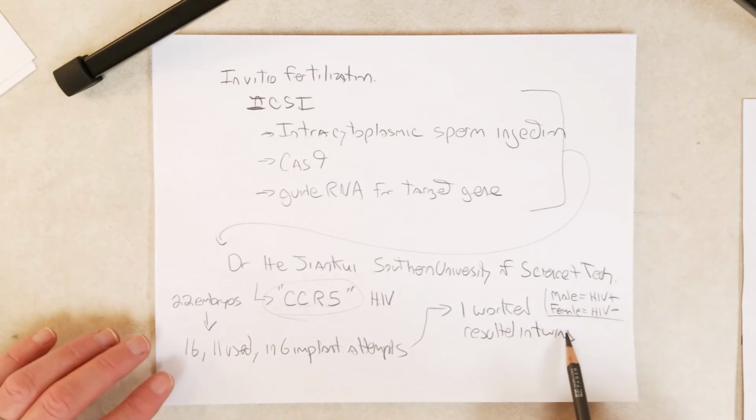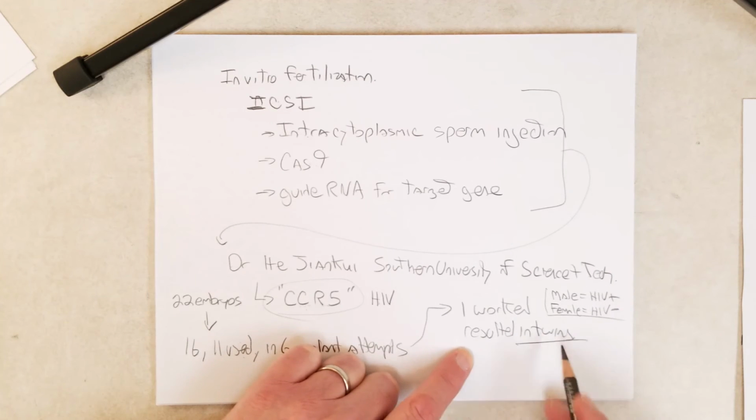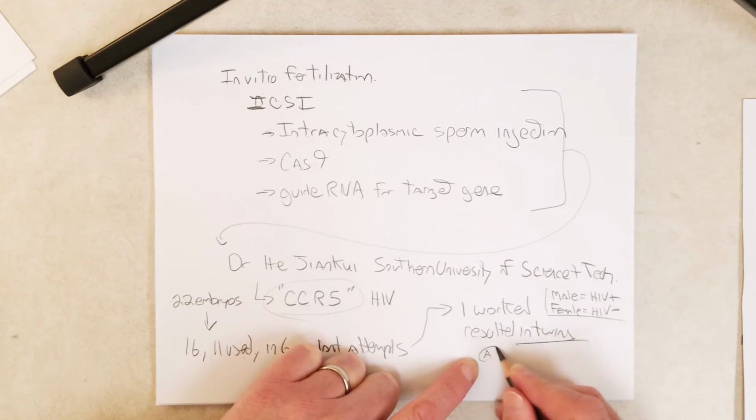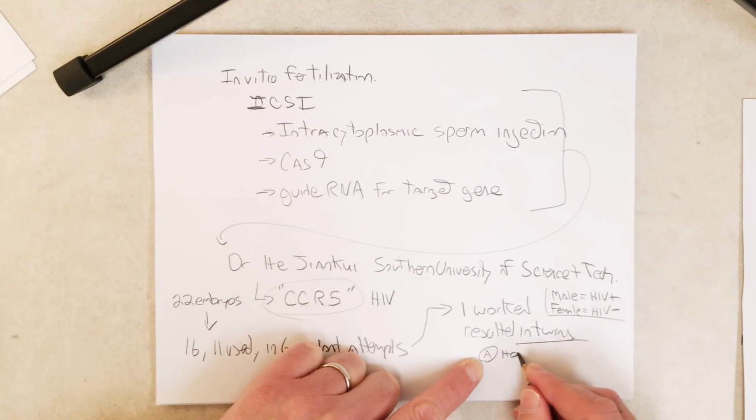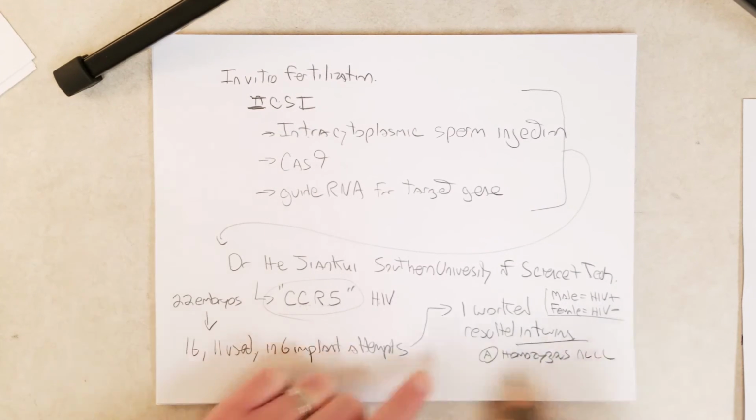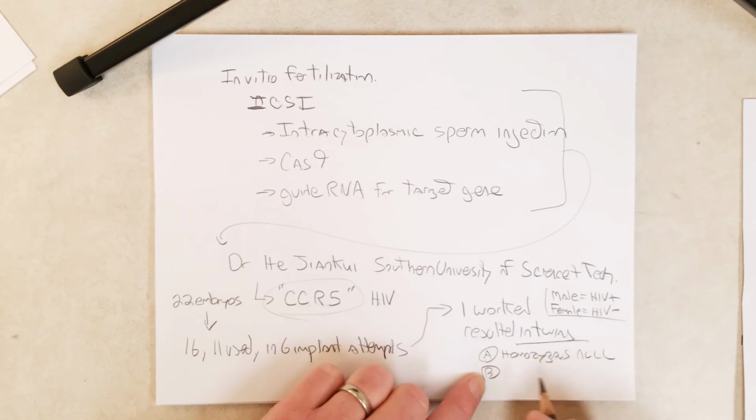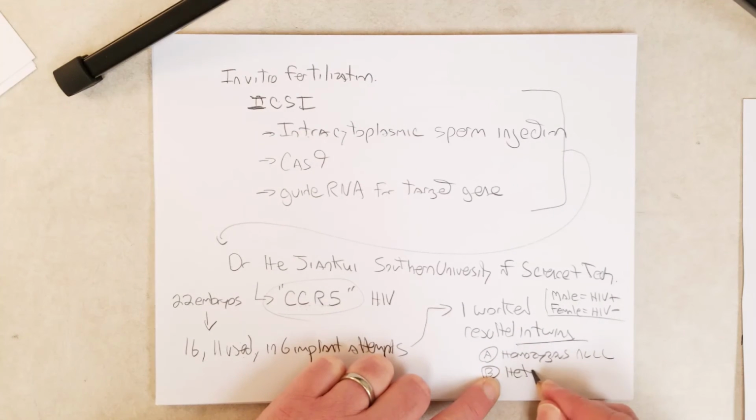So, okay, 1 worked, resulted in twins. And of the twins, let's say twin A was homozygous null for CCR5, and twin B was heterozygous.